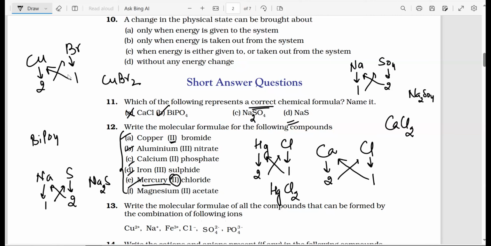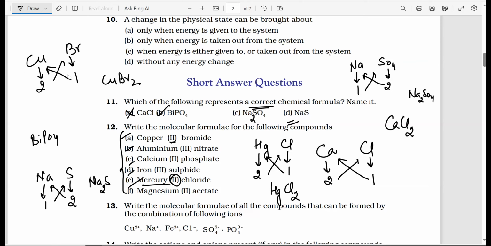Rima, you need to tell me the answer for aluminium nitrate. Aluminium is Al. Yes. And Alvina, you need to tell me the answer for calcium phosphate. Alvina, are you there? Yes, sir, I'm here.